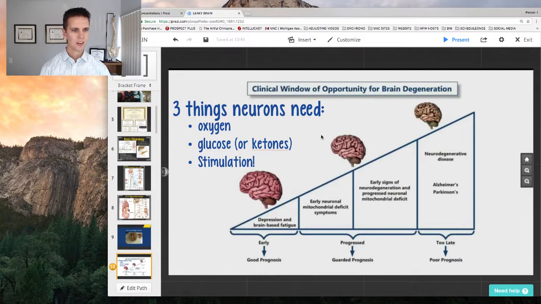All right. There are three things that our neurons fundamentally need: oxygen, glucose, and stimulation. Okay? So most of our neurons are going to have oxygen by default. However, in cases of low blood flow, or low nitric oxide, we need to support those biochemical pathways as well.